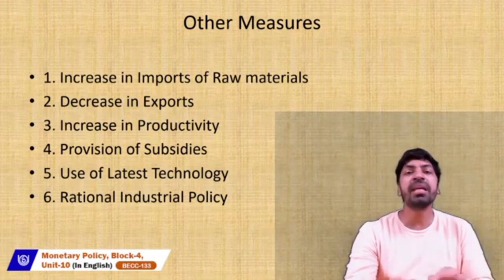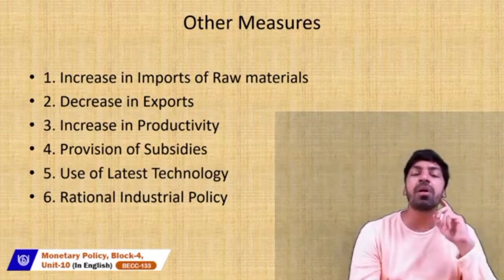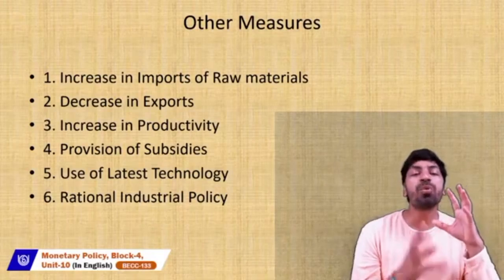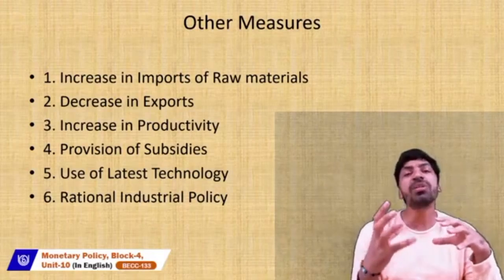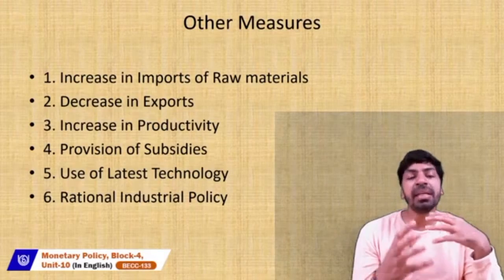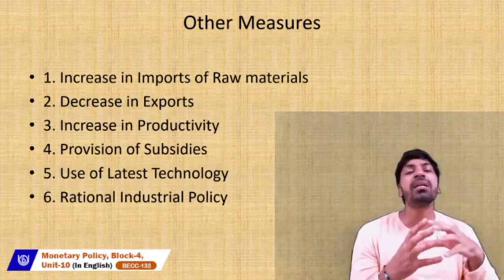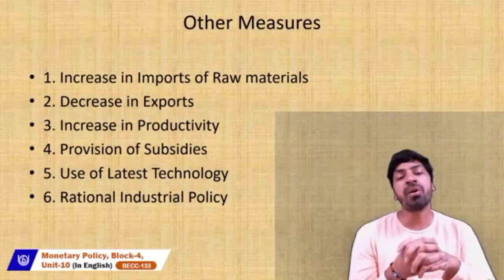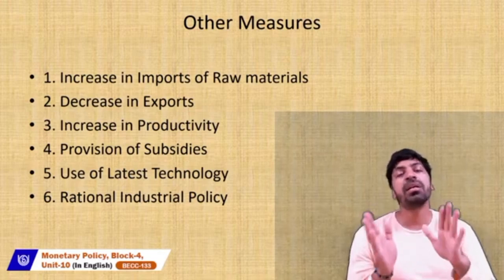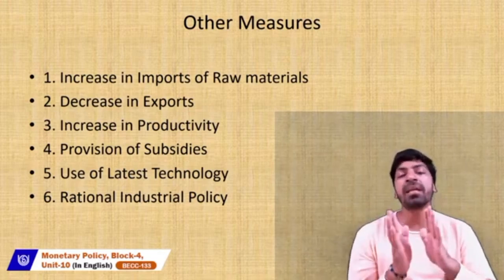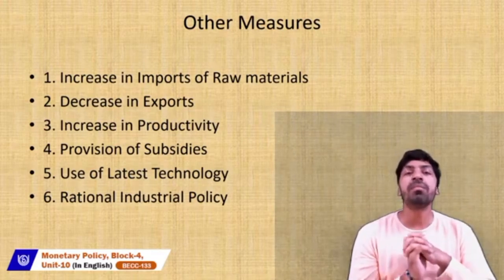In this way, these other measures were also helpful to control the situation of recession, and immediately the economic stability in the economy could be maintained by the use of fiscal policy.